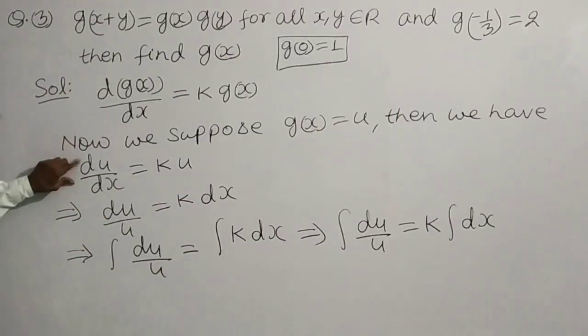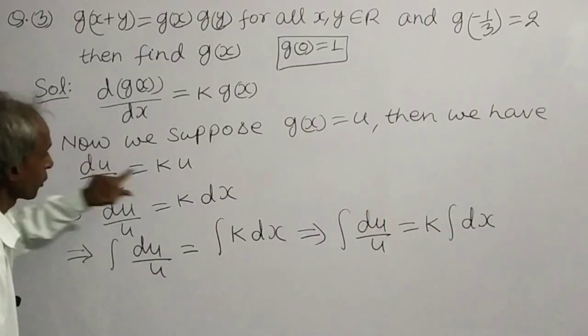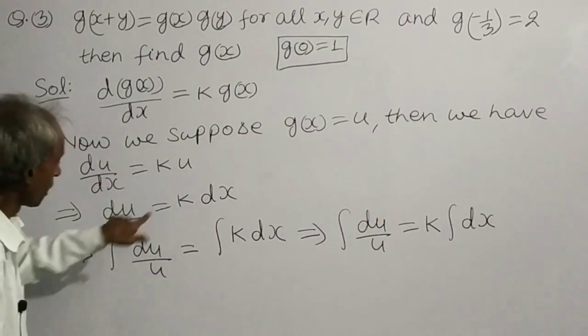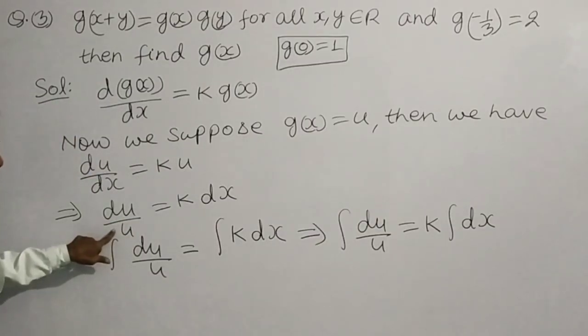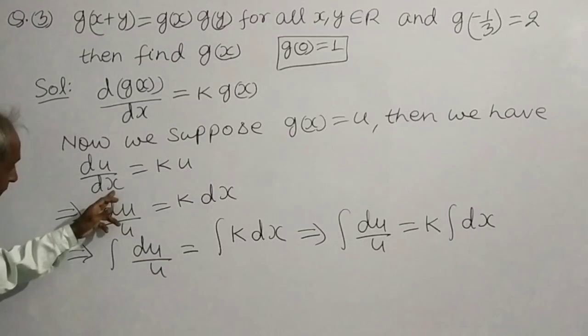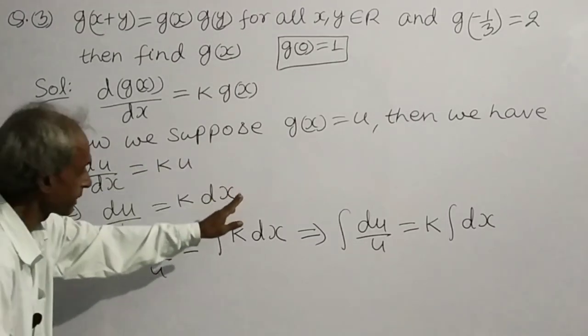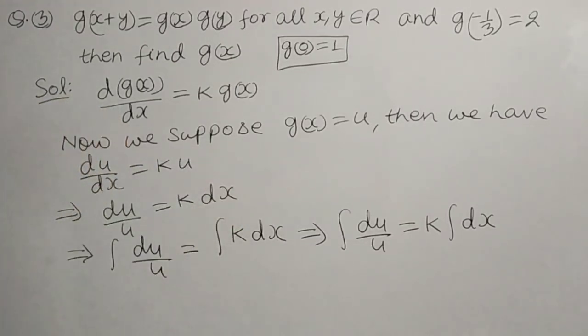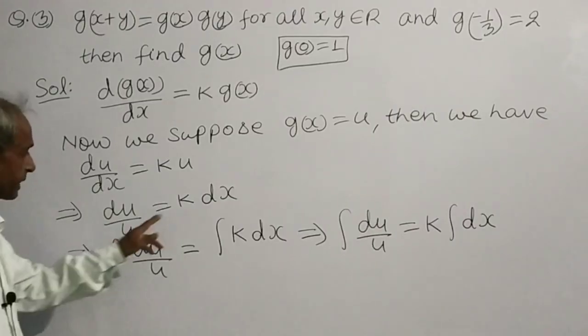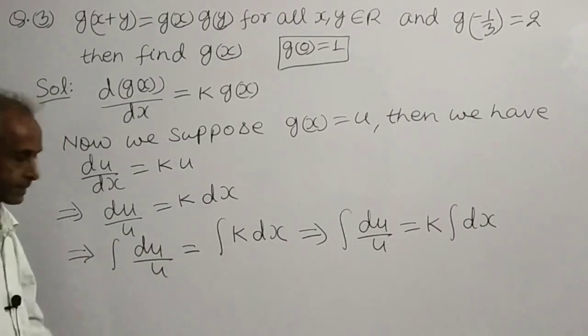Here is du. Therefore, we shift this u to the left hand side and this dx to the other side, that means the right hand side. Now we integrate both sides.